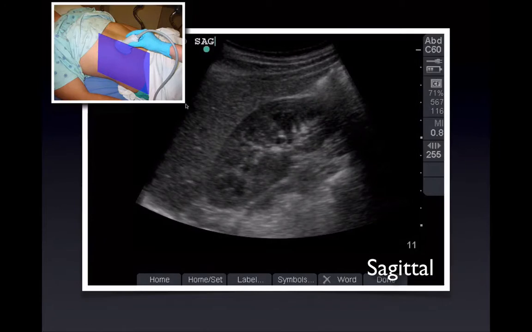As a reminder, that slice of anatomy is about 3 or 4 millimeters thick. It's not thicker than that, so it's a very thin slice. So our indicator is pointing towards the head. So we know that the head is over here, the feet are over there, and you're anterior to posterior, okay?